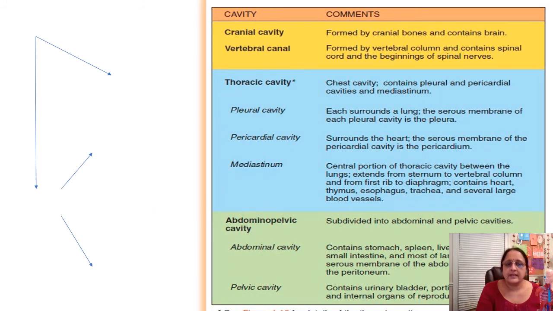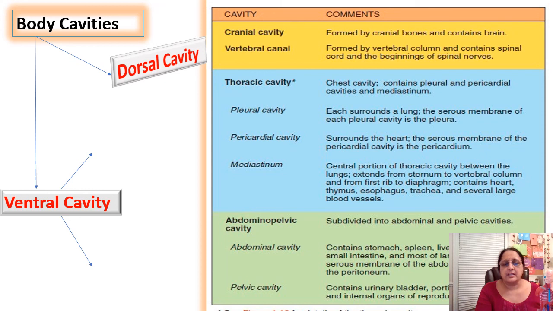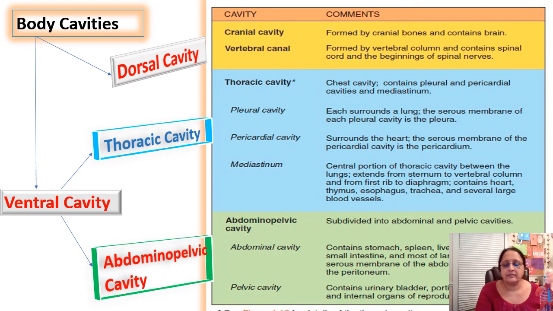So okay guys, I think we have finished every point regarding the body cavities. So let's summarize. The body cavities are broadly classified into two: dorsal cavity, which contains cranial cavity and vertebral cavity that protect the brain and spinal cord, and ventral body cavity, which has two: thoracic cavity and abdominopelvic cavity.